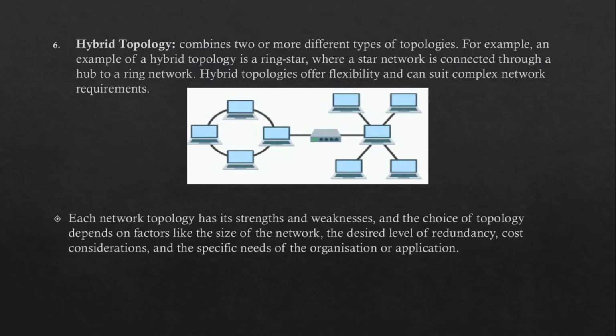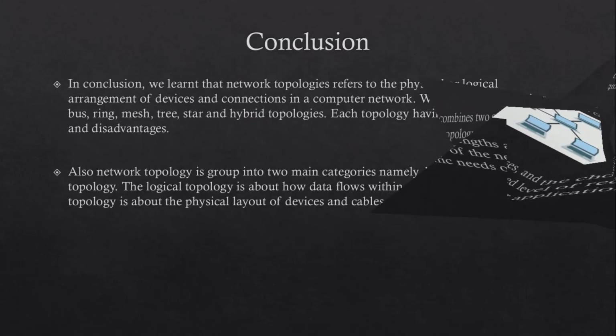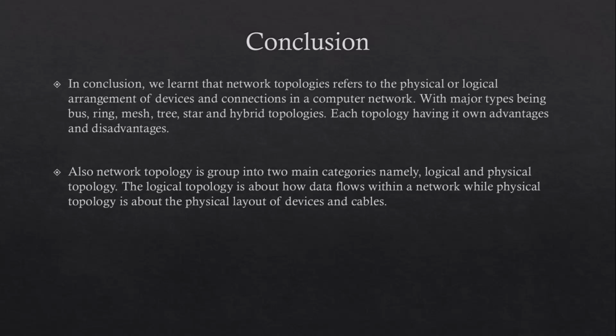And in conclusion, we learned that network topology refers to the physical or logical arrangement of devices and connections in a computer network, with major types being the ring, the bus, the mesh, the tree, the star, and the hybrid topology. And each topology has its own advantages and disadvantages.